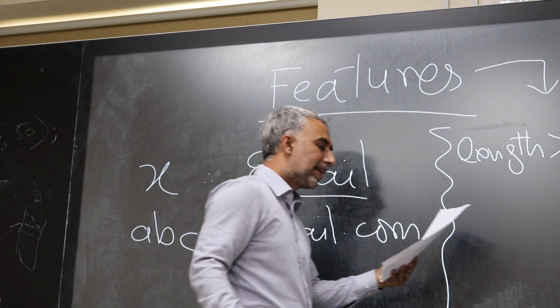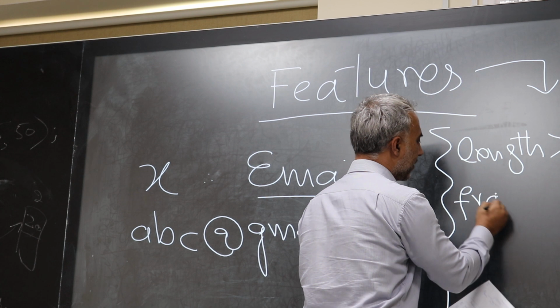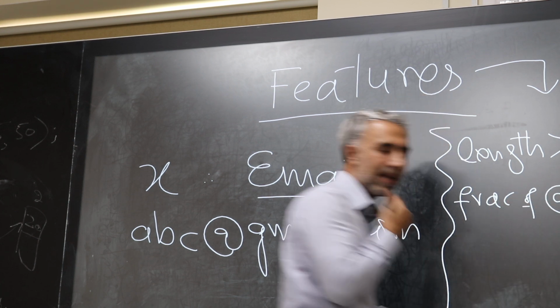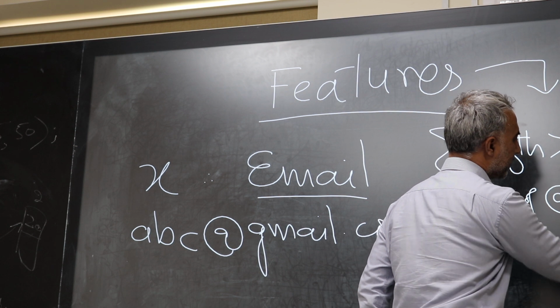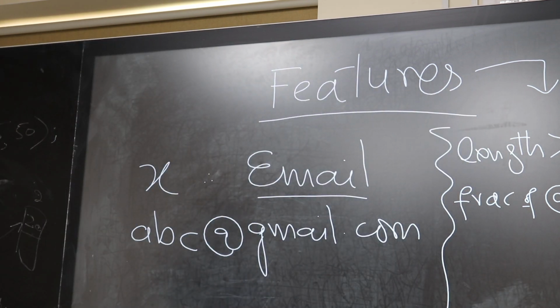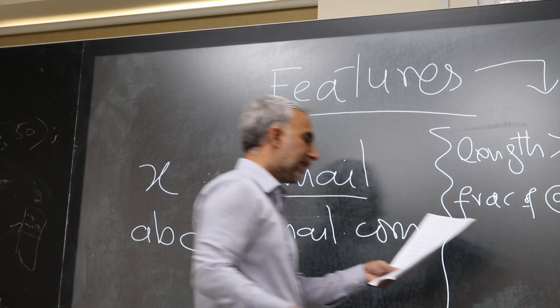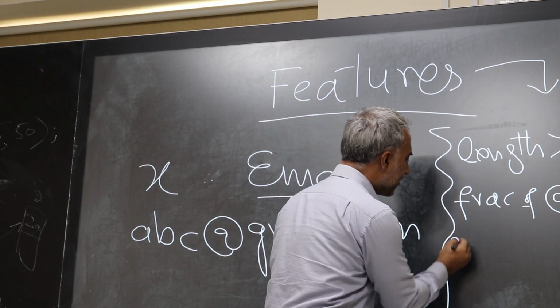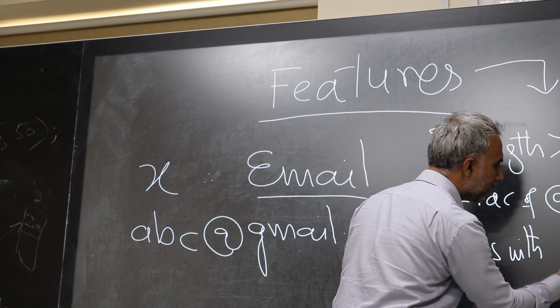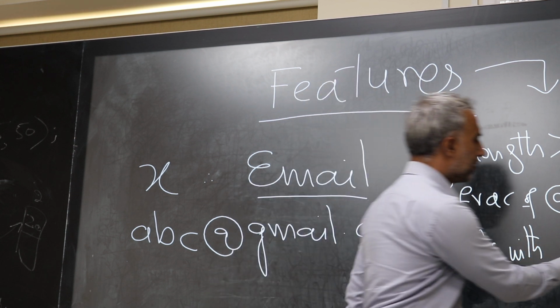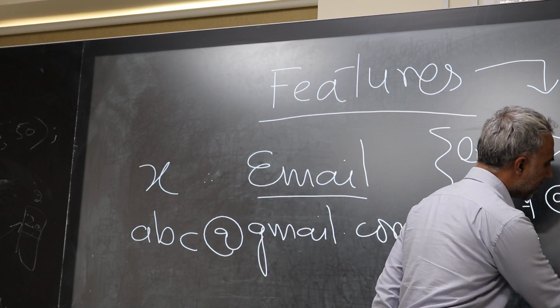The second one is the fraction of alpha, that is, whether the at-the-rate symbol is involved or not. So you can say that yes, you are giving some kind of a feature. This is one feature: the at-the-rate must be involved in the email. Another thing you can say is that it ends with .com. If it is so, then 1.